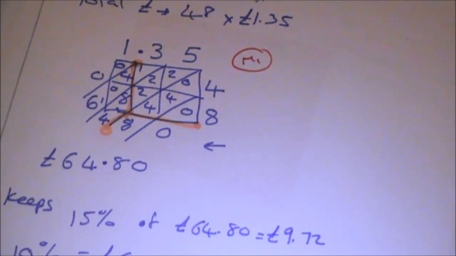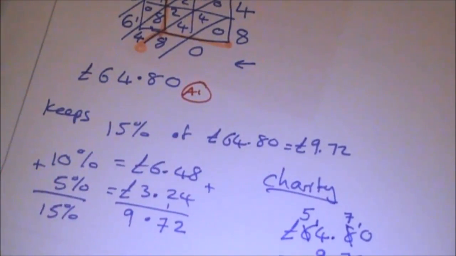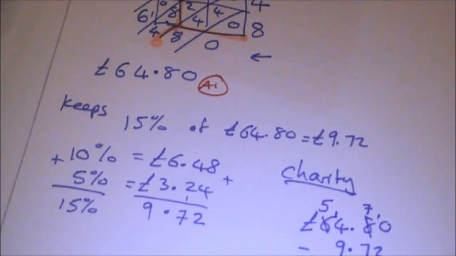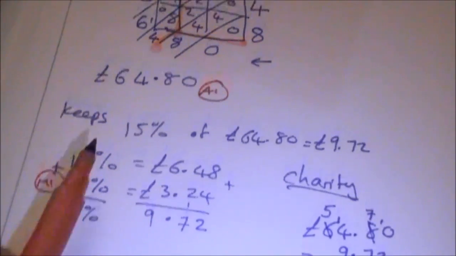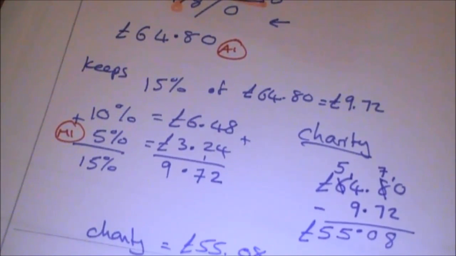method of doing that multiplication. You get an accuracy mark here for getting the answer to the multiplication correct. Then you get a method mark here for showing a clear method of getting to 15%.